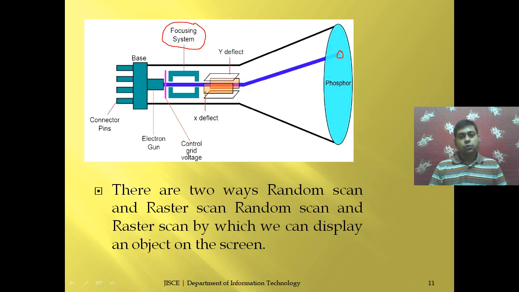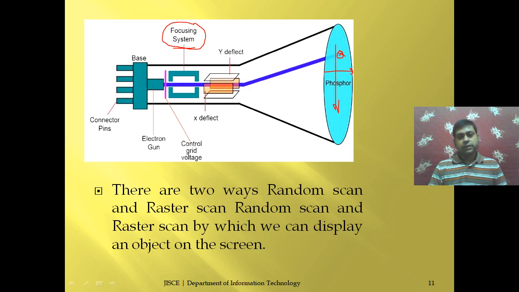To put the beam on a particular location, not only does the focusing system work, but there is also deflection from left to right or top to bottom, that means horizontal or vertical. The Y deflector and X deflector guide the beam to a particular location on the screen.